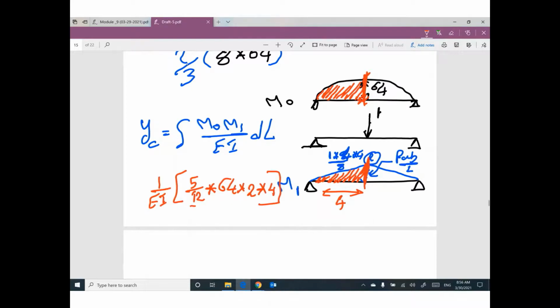So I integrate this half by this half only, because we have another half, and the other half I can multiply by 2. So your deflection at C will be 5 divided by 12 times 64 times 2 times 4 times 2, equal to 426.67 divided by EI.